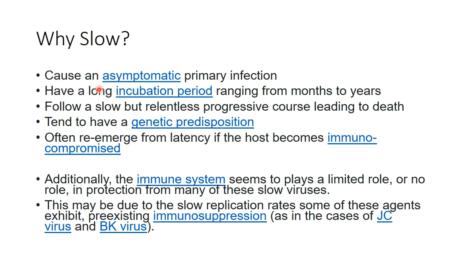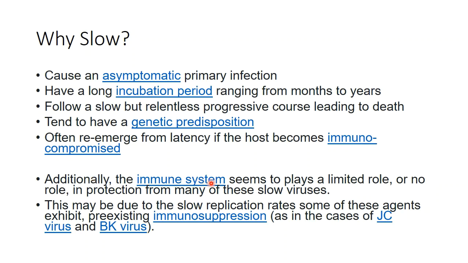So why slow? This is because they cause an asymptomatic primary infection. They have a very long incubation period. They follow a slow and relentless course and progressively lead to death. They tend to have a genetic predisposition and often re-emerge from latency if the host becomes immunocompromised.